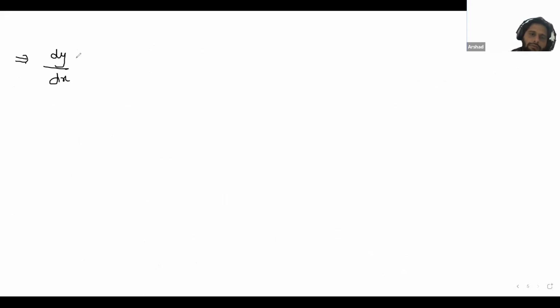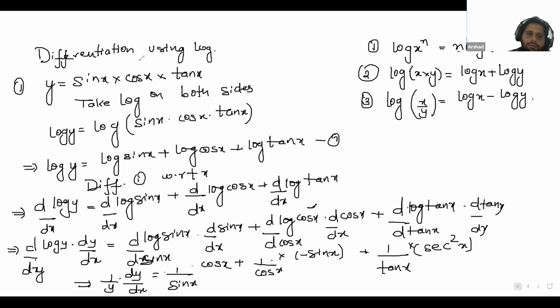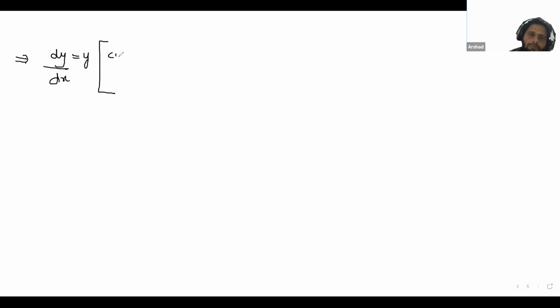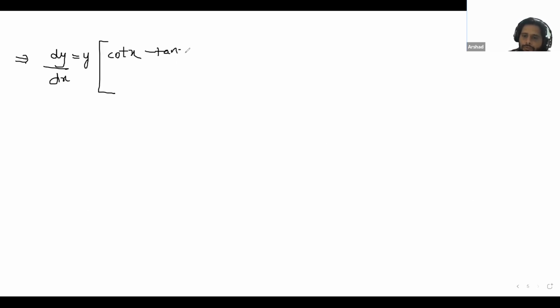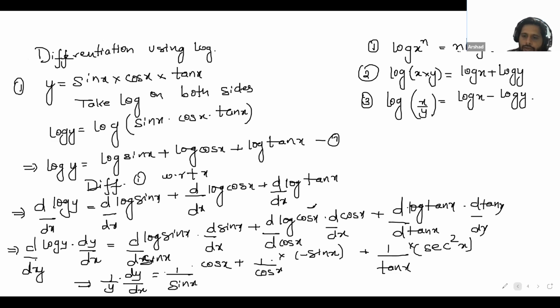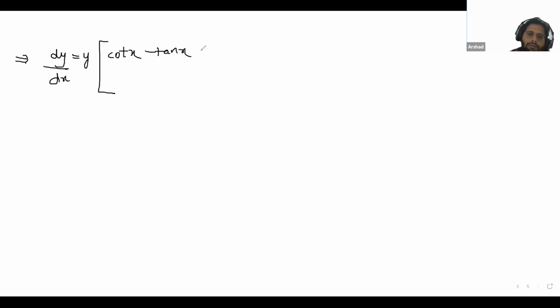So dy by dx is equal to y times the complete term. Cos by sin, we can write cot x. Then we have sin by cos, which is minus tan x. Then we have sec square x by tan x. Leave it as it is.